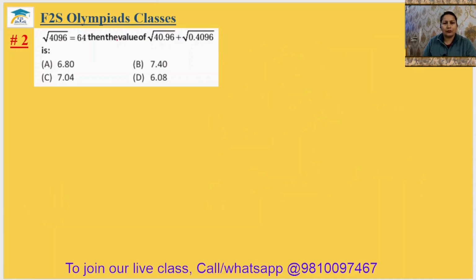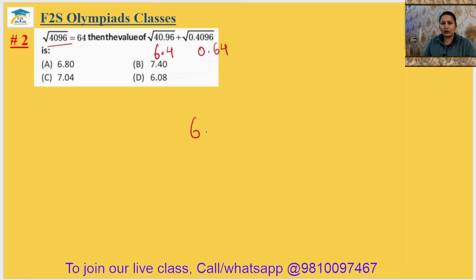Question number 2. If the square root of 4096 is equal to 64, then find the value of this and this. So 4096 is 64. So definitely 40.96 will be 6.4, and 0.4096 will be 0.64.